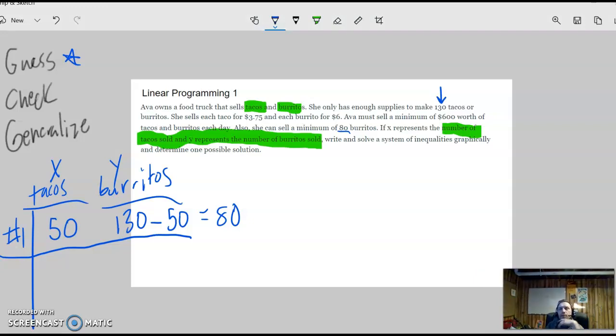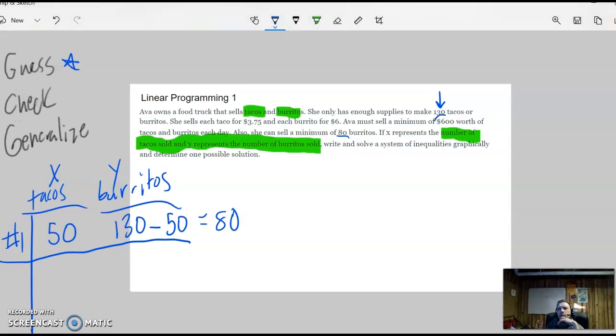50 tacos, 80 burritos. So, did I make $600 worth of tacos and burritos? How can I figure that out? Well, I take my guess and I say, let's find out how much money I made. So for each taco, we're multiplying times $3.75. So $3.75 times the number of tacos I have.